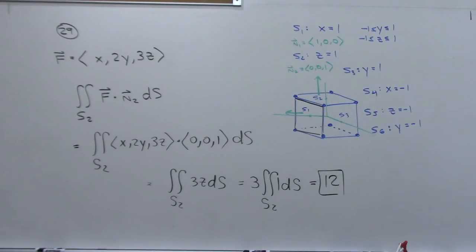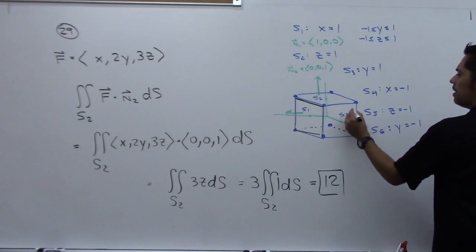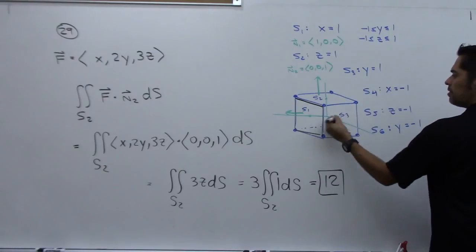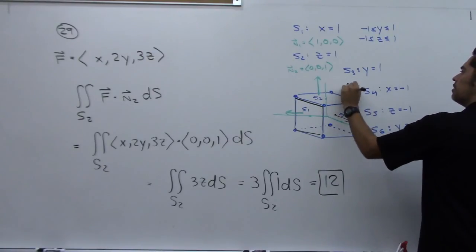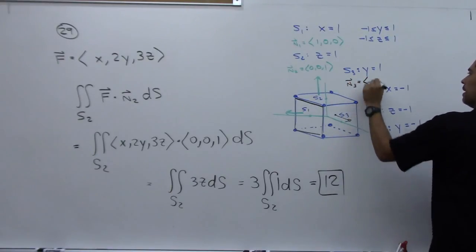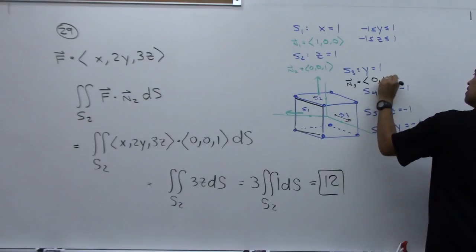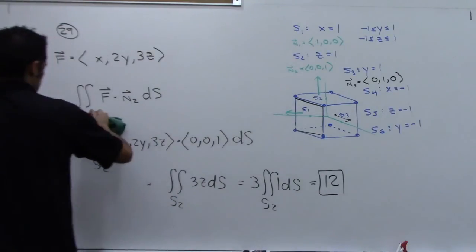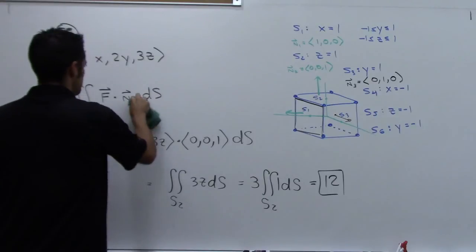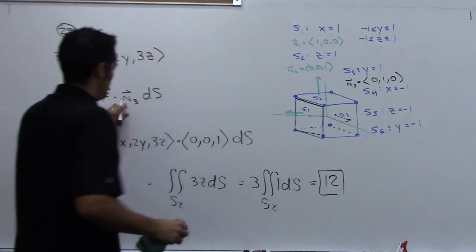All right, let's do S3. Maybe I'll move a little quicker. S3 is coming out towards us this way. It's kind of hard to see it, but it's coming out this way. And so for S3, the normal vector of S3 is going to be 0, 1, 0. This is S3, or N3.